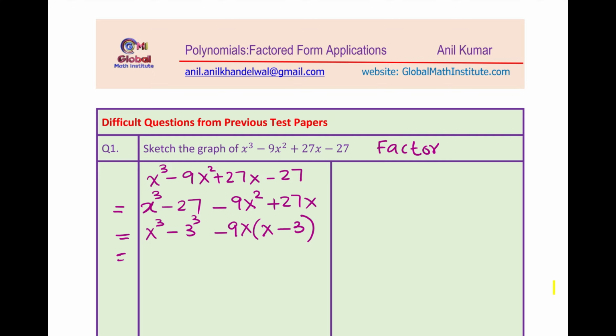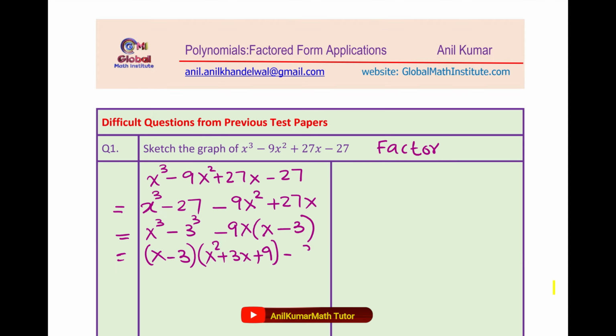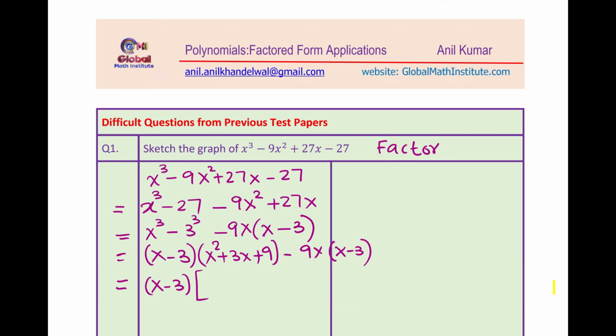So, expanding x cubed minus 3 cubed using the formula, we have x minus 3 times x squared plus 3x plus 3 squared, which is 9, minus 9x times x minus 3. Now, x minus 3 is common, and we get x squared plus 3x plus 9 from the first factor and minus 9x from the other factor.